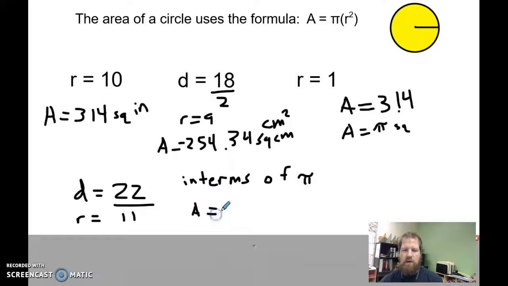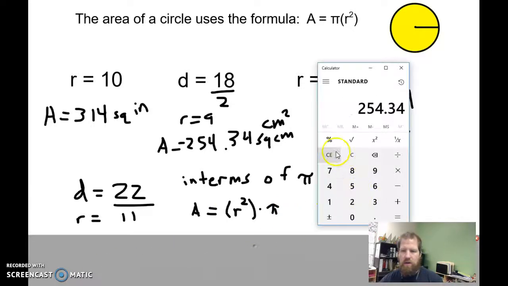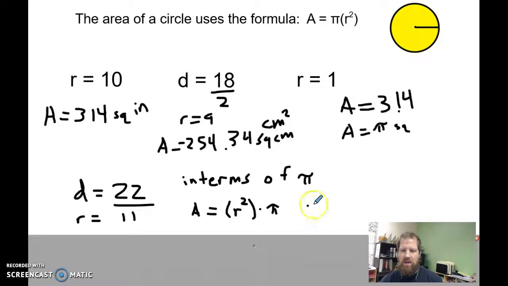Area is equal to radius squared times pi. 11 squared should be 121, if I remember right. So I'm going to have my area be equal to 121 pi, or 121 times pi, and I'm going to leave it there.